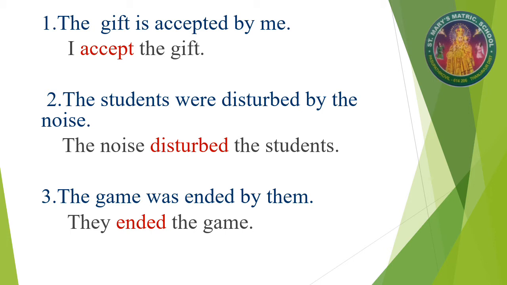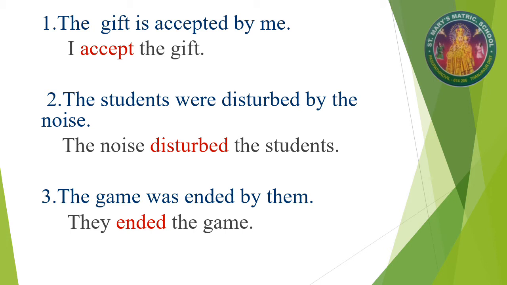Next, third sentence: the game was ended by them. Split the sentence. The game is the subject, was ended is the verb form, and you have to remove the by, and them is the object. Bring down them as a subject. Them will be changed to they here. Only pronouns change. If it is the name of a thing, a noun, you should not change it.